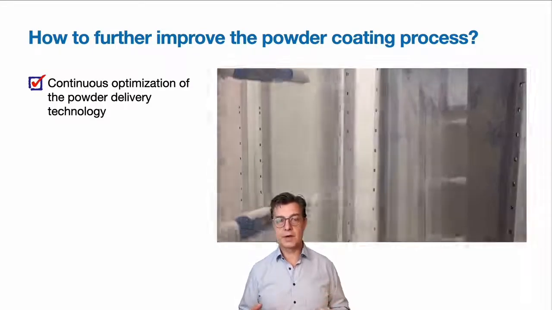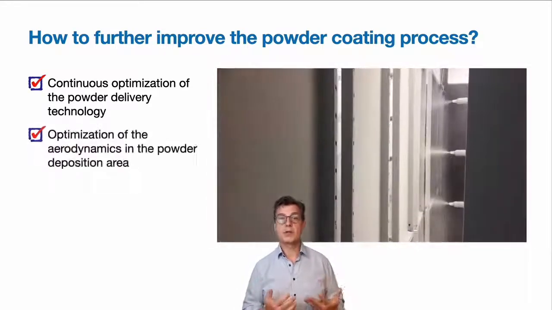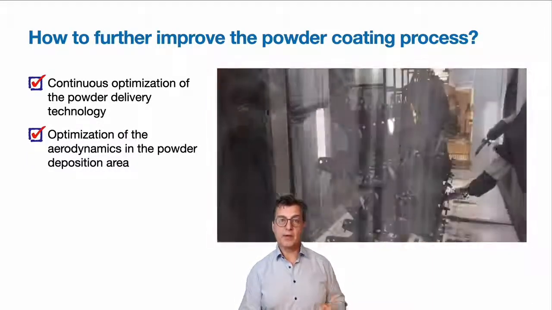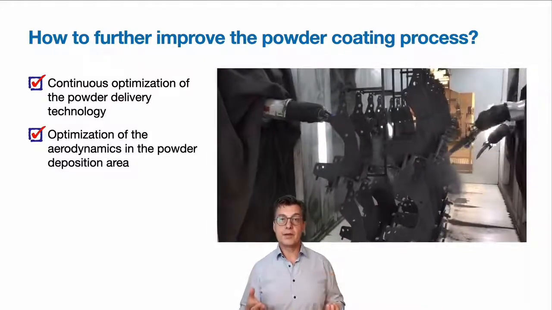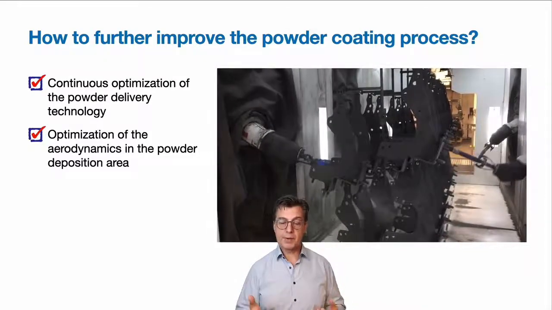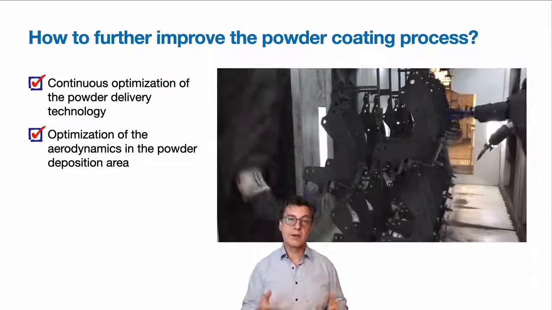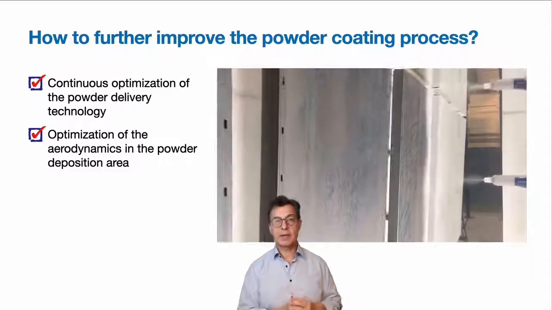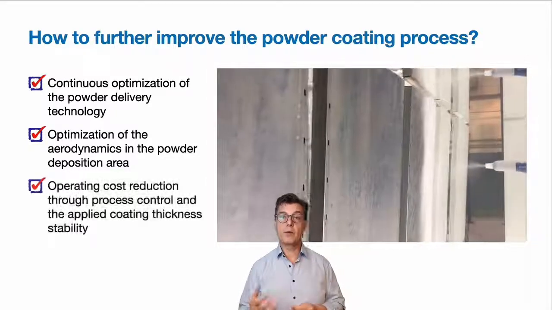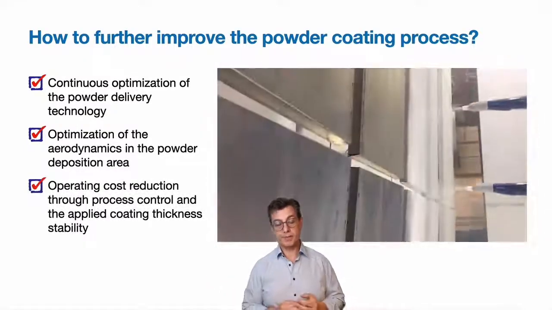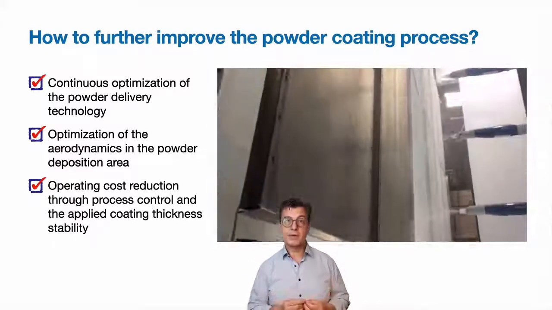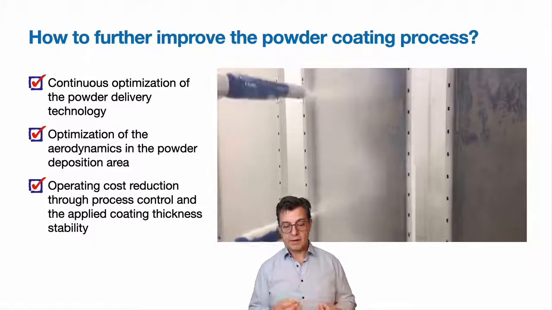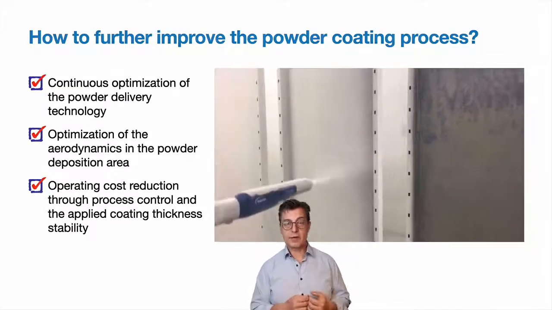We still have tools at our disposal with the continuous optimization of the powder delivery technology, of the powder pump technology, in a way that allows us to achieve a softer spray pattern, bring the powder to the products, as you can see in some of this video, with low velocity, with minimum powder bouncing back, very high application efficiency, and very little airborne powder going into the recycle system. Additionally, significant powder material savings can be achieved through process control and very tight control of the applied coating thickness.